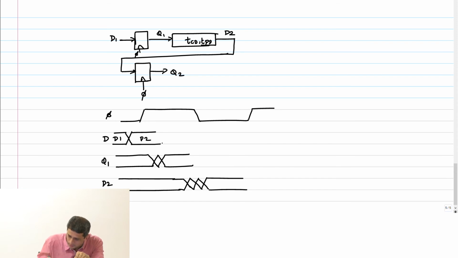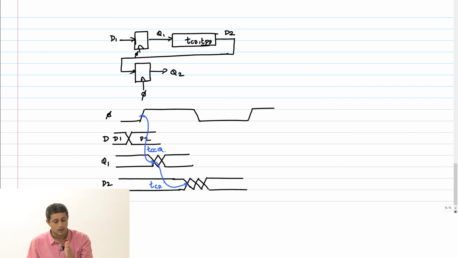Okay? So T_CCQ, then from this edge you can have T_CD. Okay?